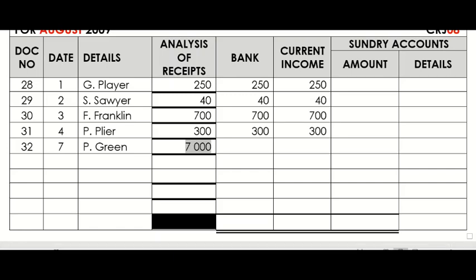It's the only transaction for the day, so you can put it in bank, and then it's not current income. We didn't render a service, so it won't go into this column. Be careful. It must go to capital, but capital doesn't have its own column, so we will have to put it in sundry accounts and specify that it's for capital.